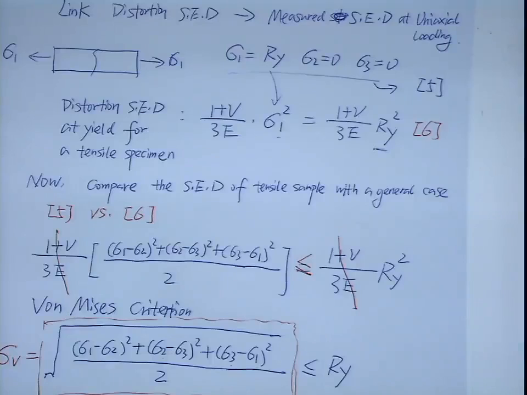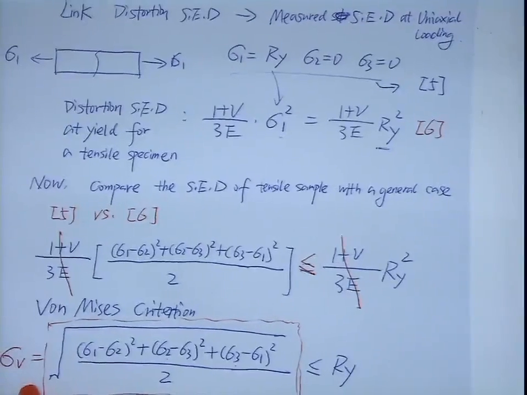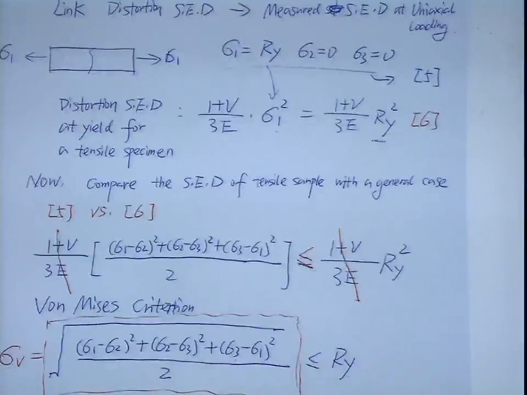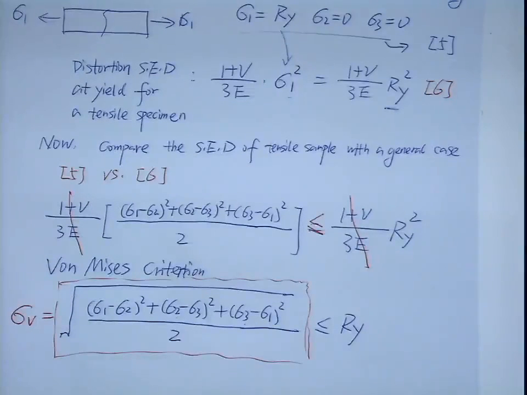You give me the Von Mises stress. If it is smaller than the yield strength, then the material is safe. Otherwise, it yields. So that gives you the physical meaning of that. And it basically relates the principal stress, again, to your measured yield strength.